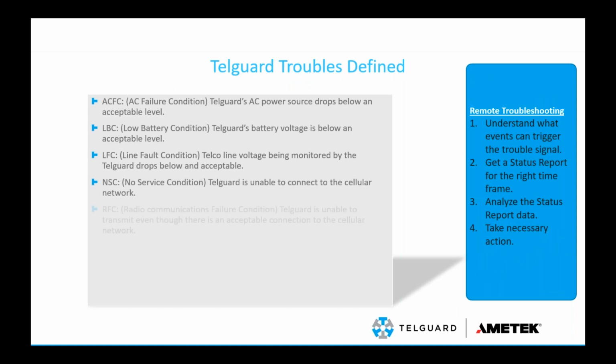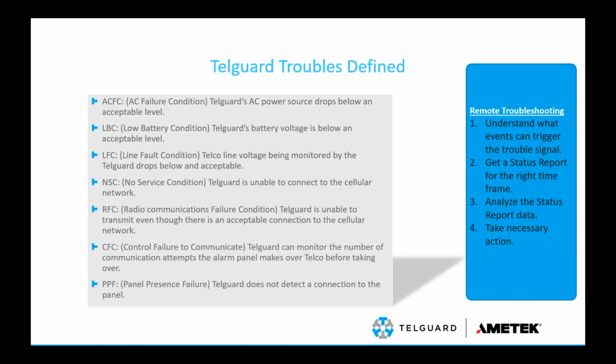Now, just to give you a broader or a greater detailed definition of all the troubles, just so you understand what you're looking at in your status report and how to proceed appropriately. We're going to break each one of these down a little more after this, but just to give you a quick run through, AC failure condition.